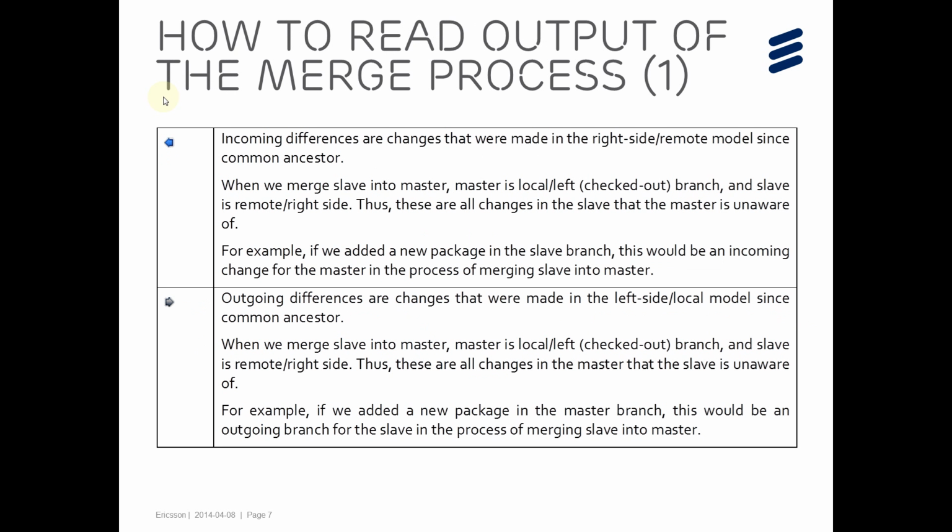This is a slightly more detailed representation of what's been already said. So basically, when we have this blue icon or glyph, it denotes incoming differences or incoming changes, and dark or black glyphs denote outgoing changes.